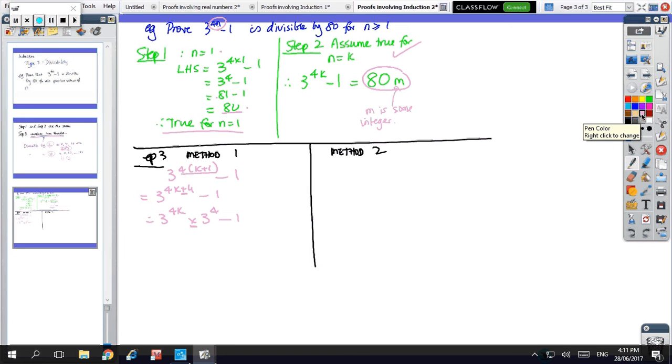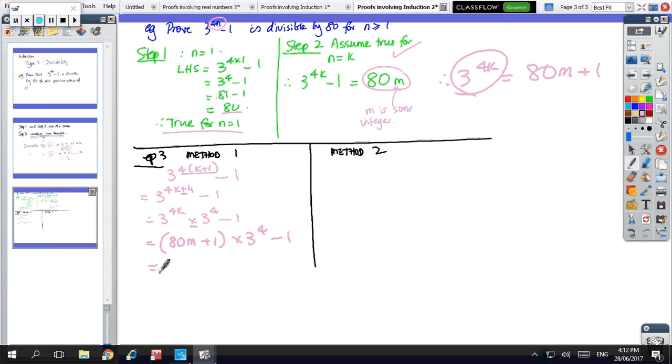So looking at this expression here, I've got 3 to the 4k times 3 to the 4, minus 1. But up here, I said that, actually I've got to make that the subject. So 3 to the 4k equals 80m plus 1. So now I've got an expression for 3 to the 4k. So then I say over here, I've got 80m plus 1 times 3 to the 4, minus 1. And then I can multiply that out.